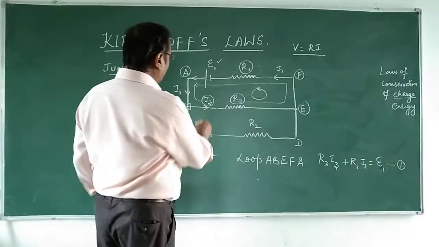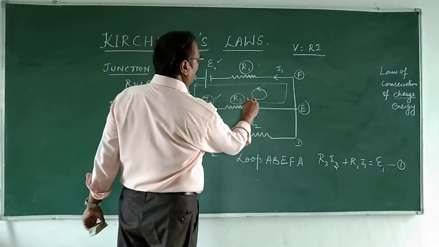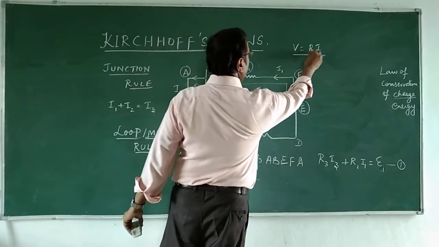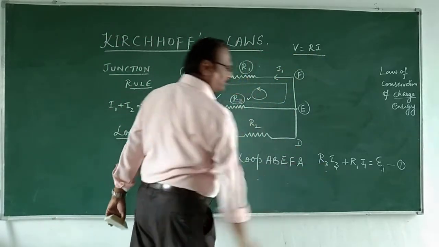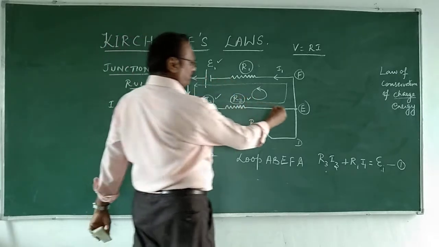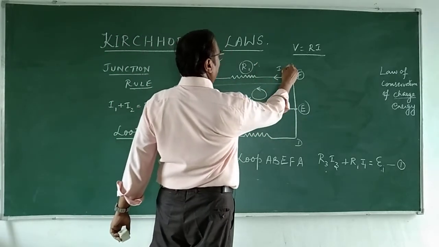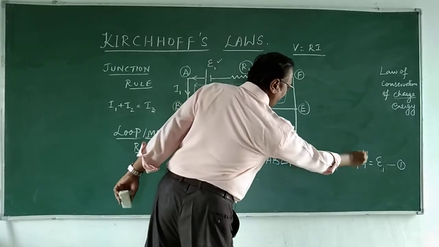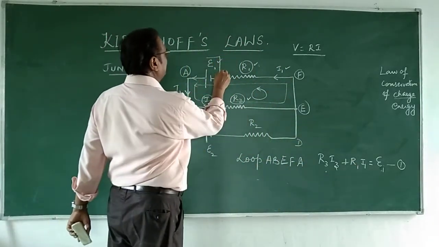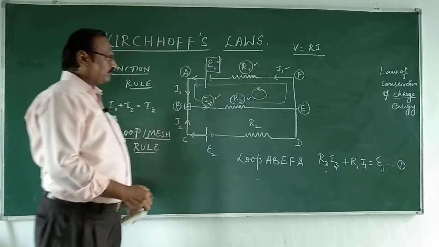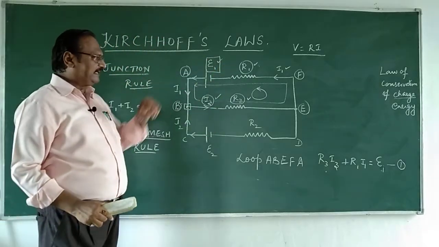I found that the current I3 is going through R3. So Ohm's law, V is equal to R into I, so R3 I3 is one value. What is the second change in potential? I come here and I see R1 and I1. So R1 I1, but that is due to the current from the cell epsilon 1. Because of that, I make it equal.